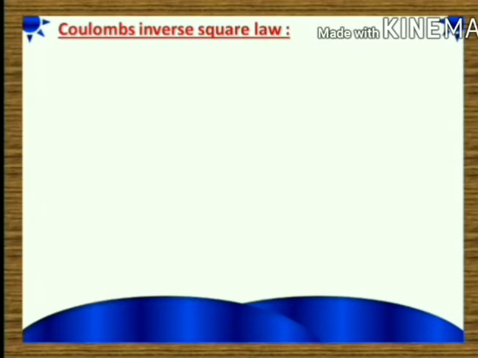Next one, Coulomb's inverse square law. Till now what we understood is that like charges repel each other, unlike charges attract each other. Now how strong they repel or how strong they attract each other can be calculated with the help of Coulomb's inverse square law.